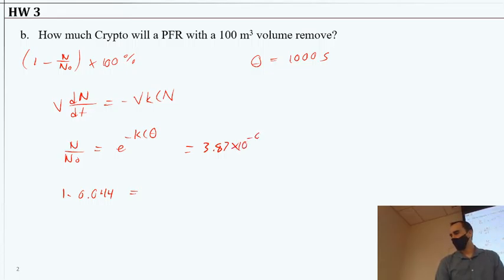Really, it's 3.88, if I rounded properly. And so 1 minus that is going to be pretty small, or very close to 1.